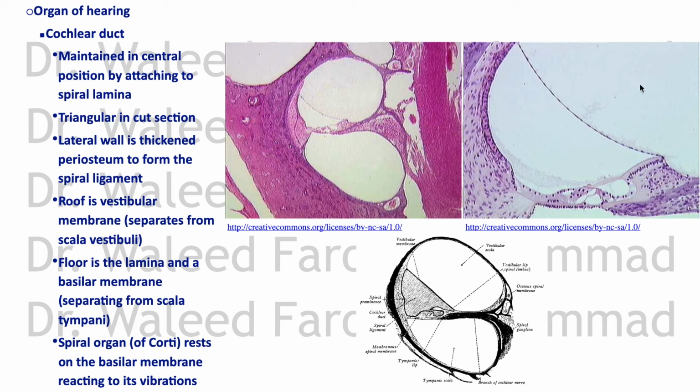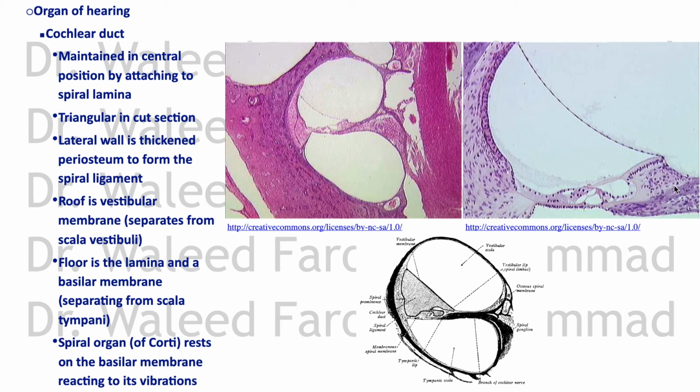What happens is the vibration reaches through the scala vestibuli, vibrates the vestibular membrane and the endolymph inside, which vibrates the basilar membrane. The basilar membrane, with the cells on top, is compressed against the tectorial membrane, at which point an electrical impulse travels back through a nerve fiber to a ganglion in the modiolus called the spiral ganglion, and it's the same principle.